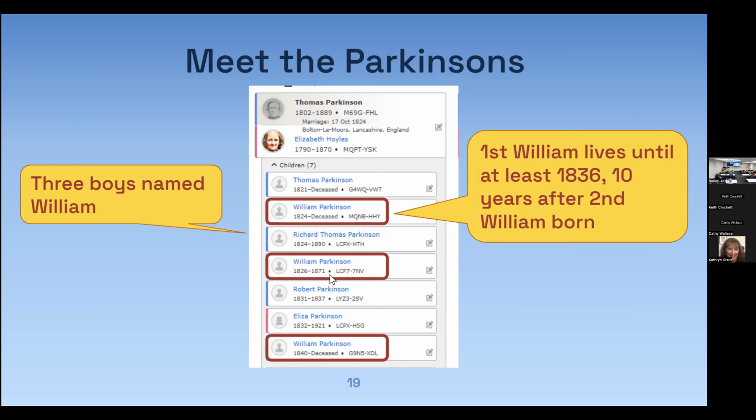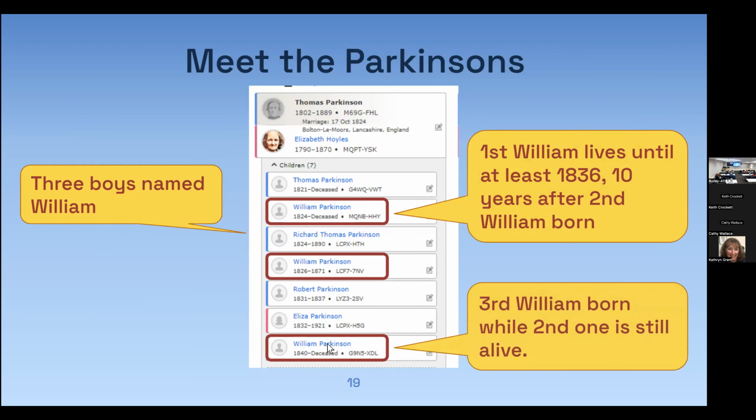I've never seen any place in like 30 years of family history research where multiple biological children would be alive at the same time and have exactly the same name. That just wasn't done. And you can imagine why not, right? How confusing. So this guy was born when this guy was still alive, and this guy was born when this guy was still alive. He didn't die till 71, but this guy was born in 40.